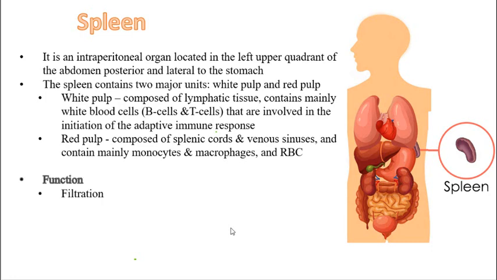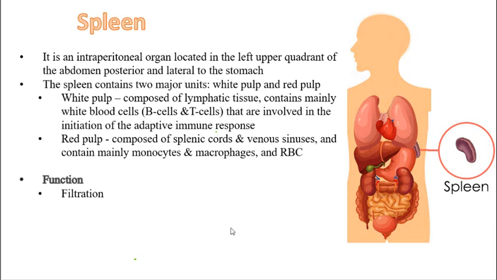So what is the function of the spleen? The function of the spleen is filtration of the blood, of the red blood cells and platelets. This filtration occurs in the red pulp.